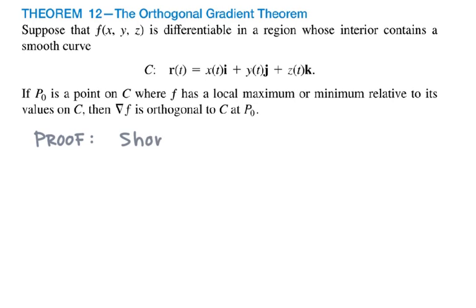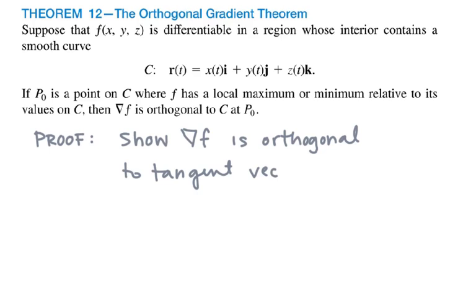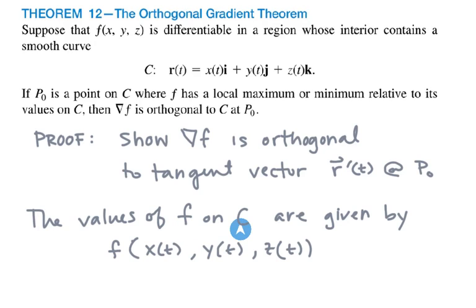We're going to show that the gradient of F is orthogonal to the tangent vector, and the tangent vector would be r prime of t, evaluated at that point P naught. If we think about the values of f on C, the function values on the curve are going to be given by x of t, y of t, and z of t, those components.